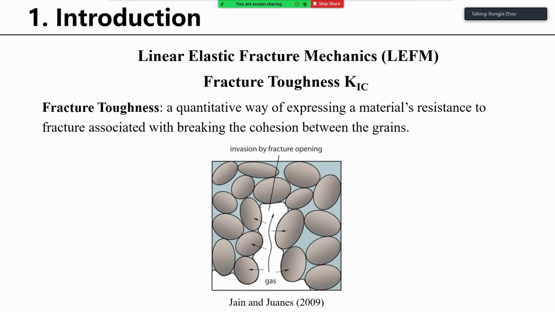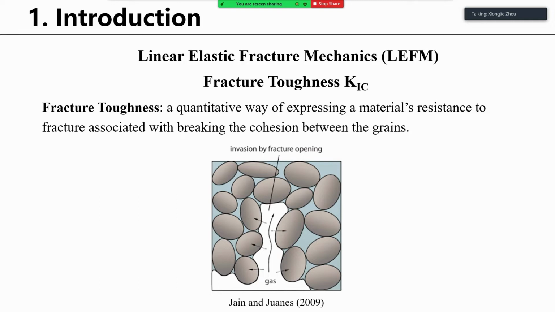The mechanical response of the sediments can be characterized by two main parameters. One is the fracture toughness. Fracture toughness is a quantitative way of expressing a material's resistance to fracture, associated with breaking the cohesion between the grains, which is applicable for the muddy sediment in my case.